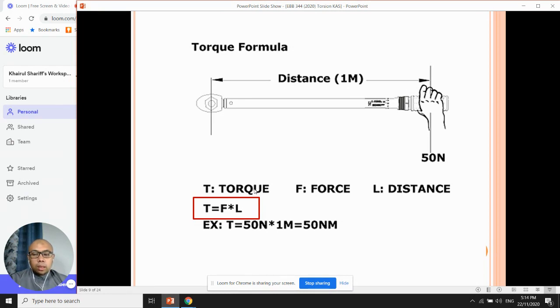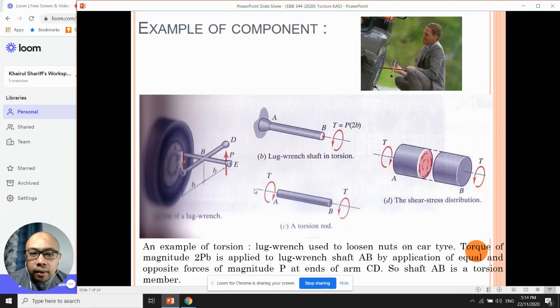I'll give you a simple example. Let's say in this lug wrench, normally you need an appropriate distance of the lug wrench in order to rotate the screw of the tire easily.